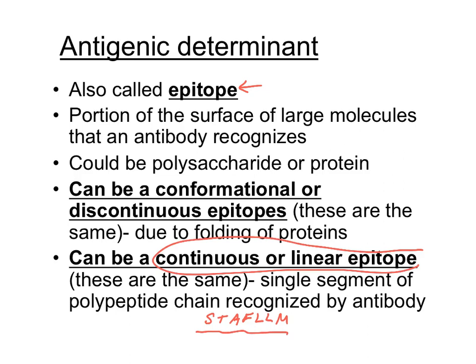And that's a drastic difference from something that could be created by loops that are far apart on any individual protein, and that would be generated based on the conformation of the protein. And so an antibody could recognize that particular conformation, and it would only recognize it if the protein was not unfolded. And so those are called conformational epitopes. I won't use discontinuous. I like conformational versus linear. Antibodies can be made to both.